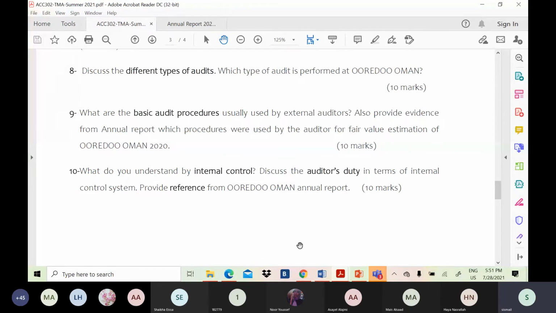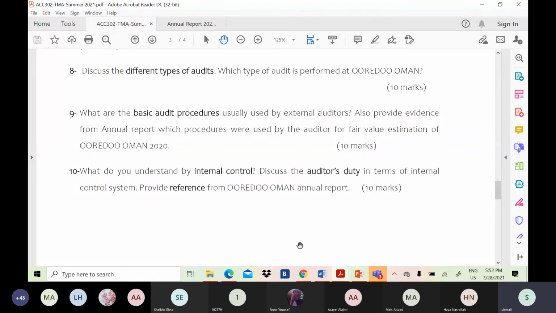The second point, auditor responsibility or functions or duty. This is from also material, chapter 7. And can you see provide reference? When I say reference, it's mean search in the annual report of Uridu Oman and try to find any section or paragraph talking about internal control, nothing else.